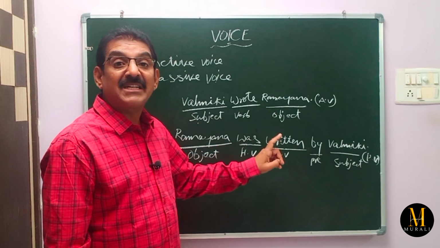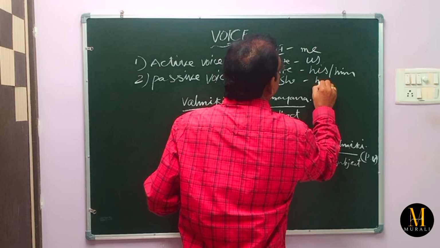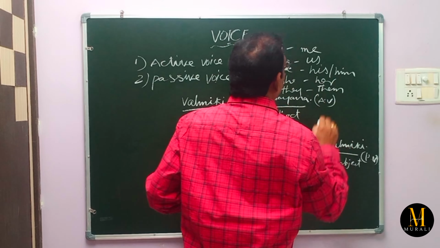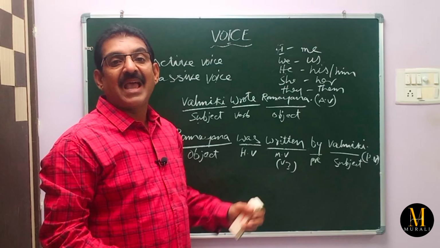And some rules we must also follow. I becomes me. We becomes us. He becomes his or him. She becomes her. They becomes them. These are the changes that happen.